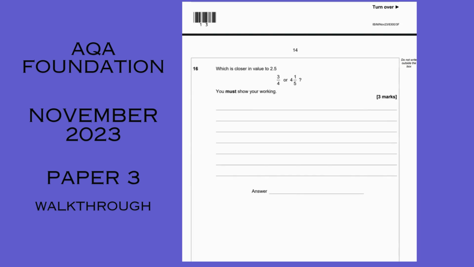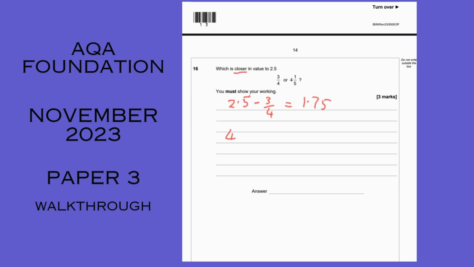So, which is closer? Now, when you talk about closer or furthest away, you look for difference. And how do you calculate differences? Do a takeaway. So calculators at the ready. If you do 2.5 take away 3/4, they are 1.75 away.